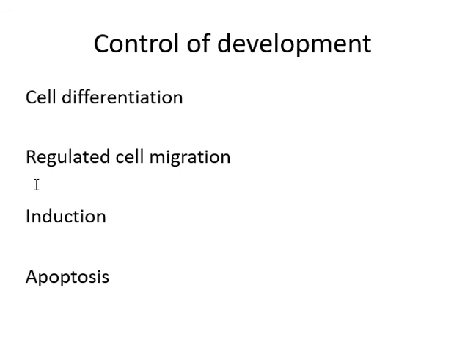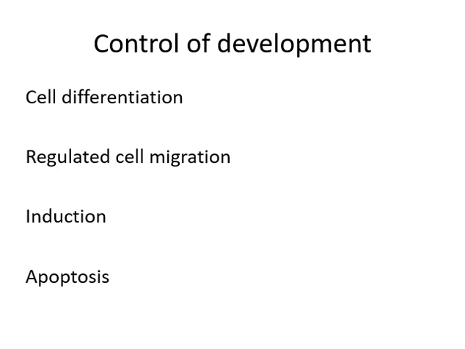Development occurs by these 4: cell differentiation, so they will be differentiated to form the different tissues or organs; regulatory cell migration, so that cells differentiated away from their origin will migrate where needed; induction, where one cell type can induce another type to form different types of tissues; and apoptosis, programmed cell death. Now we discuss these one by one.